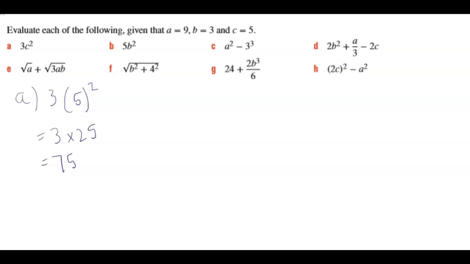Okay, let's do D. It looks a little bit complicated. So we've got 2b squared plus a over 3 minus 2c. I know with the other one I didn't write the whole thing out, but I have here. Okay, so b is 3, so I'm going to put 3 in. And then a is 9, so I'm going to write 9.